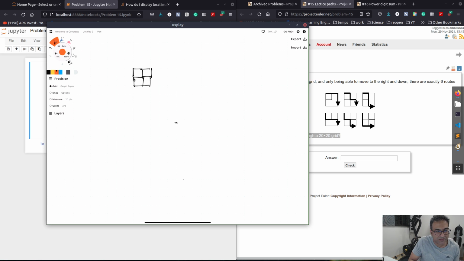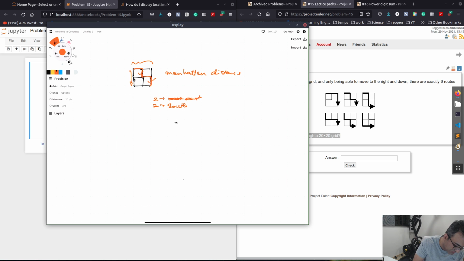This looks like a Manhattan distance. So the total distance you cover is 2 towards the east, and 2 towards the bottom, 2 towards the south.